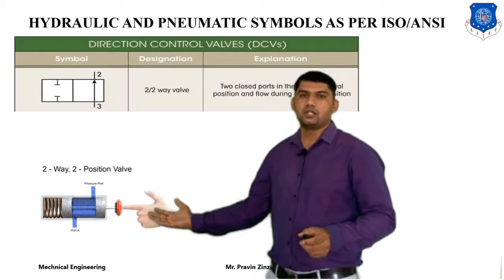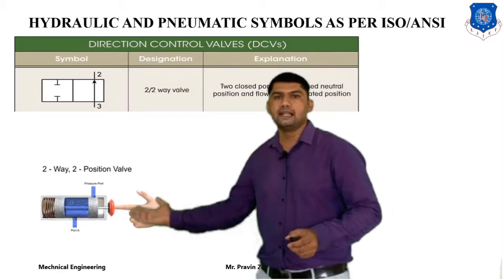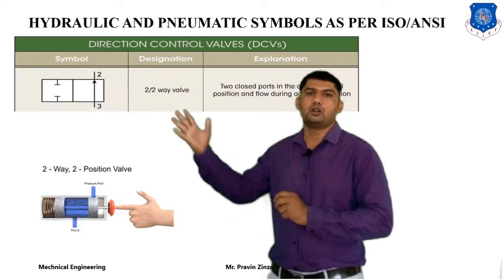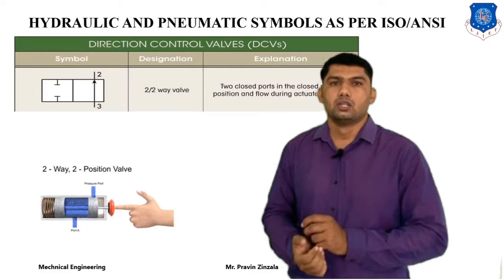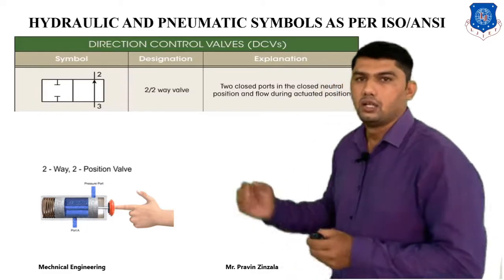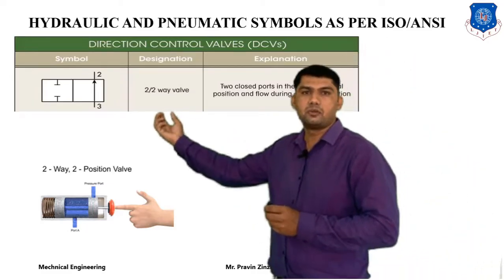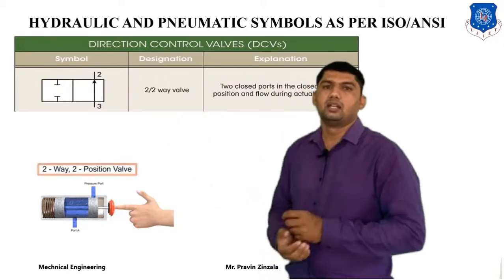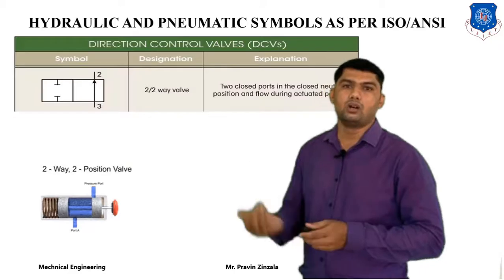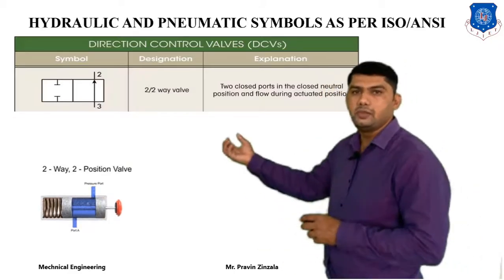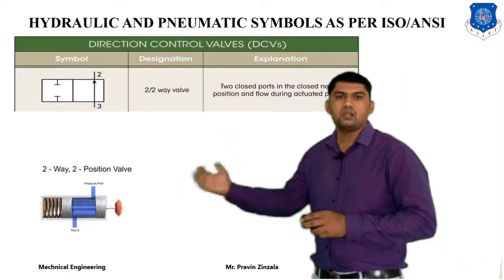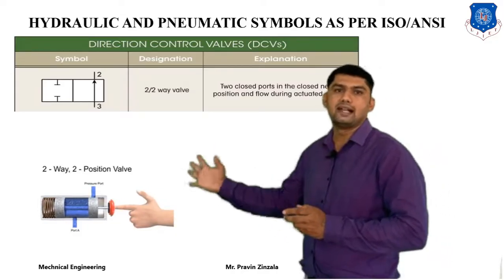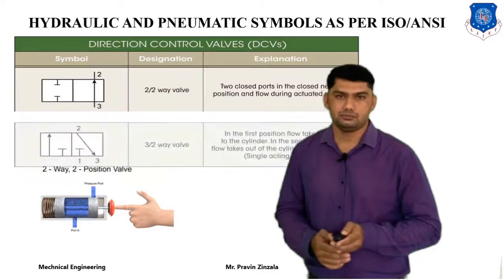In the second position, fluid passes from the cylinder to the reservoir. So in all direction control valves, the first numeral represents the number of ports and the second numeral represents the number of positions. The limitation of the 2x2 direction control valve is that we can use it only for a single acting cylinder.